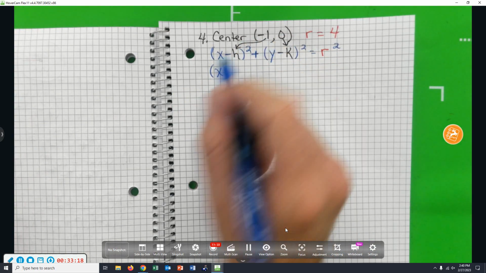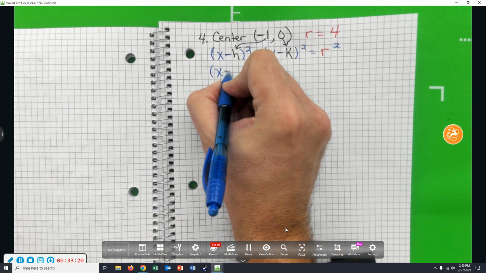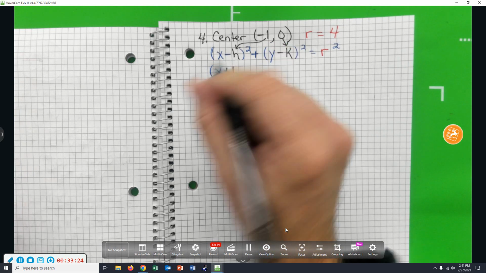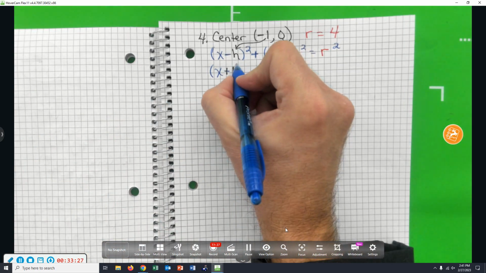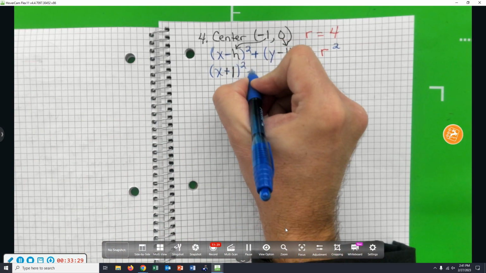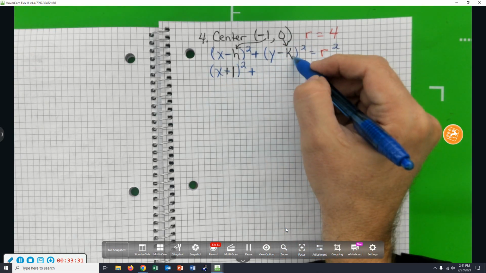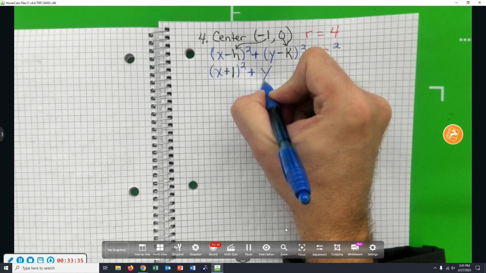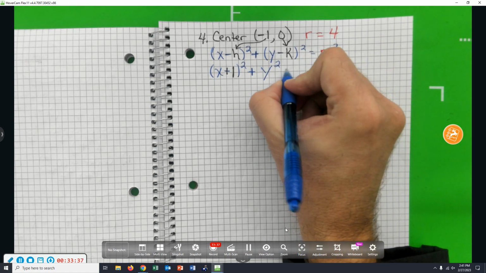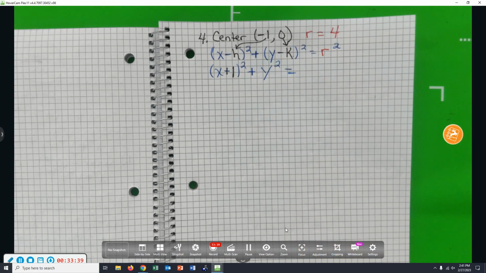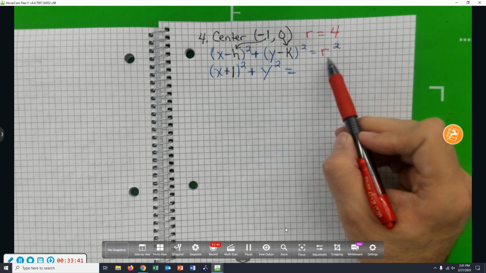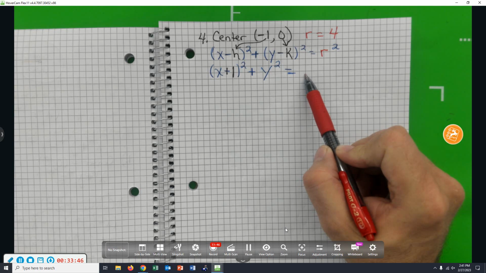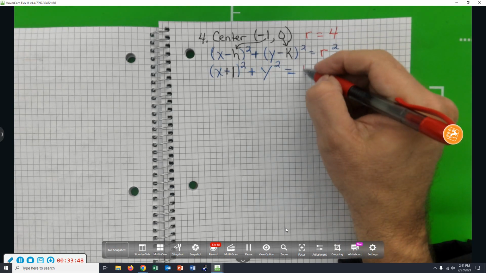So it's going to be x minus a -1, so x plus 1 squared plus the y minus 0. We don't need to write anything other than just a y squared equals 4 squared. What could I write right here? Yeah, I'm just going to write 16.